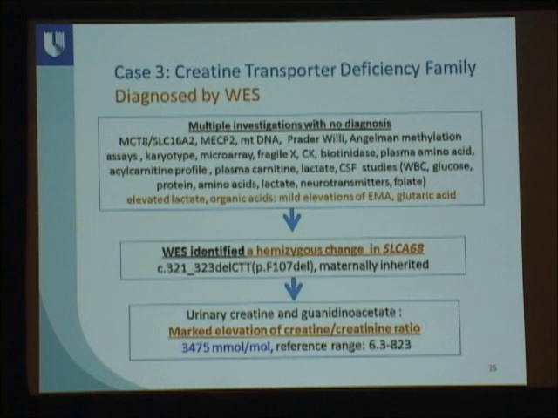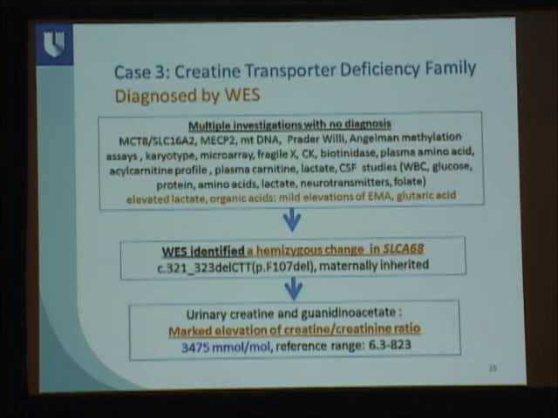And of course, with such a difficult family history, he had a whole lot of testing done. Creatine was not part of it, but over several years he had all this testing done, and the organic acids showed, again, some abnormalities suggesting mitochondrial dysfunction.